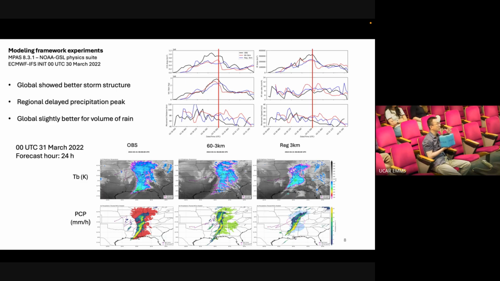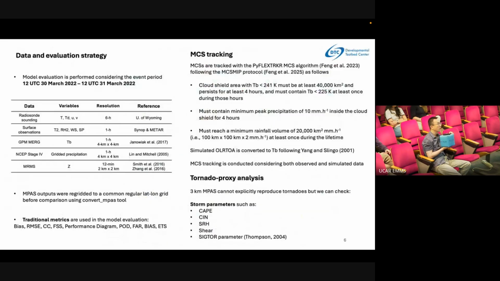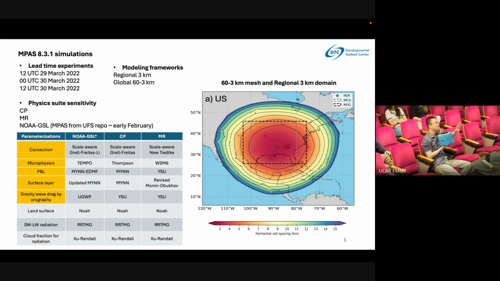Maybe a better comparison or experiment is to go back to your grid setup and cut out the regional one from the global one, with the 60 varying to 3 as a regional setup, and then compare that with the global one to really see whether the advantage is coming from the global representation or just from the changing resolution variability. I would see that as a more valuable test than the direct comparison of a pure 3 resolution with a varying resolution simulation.